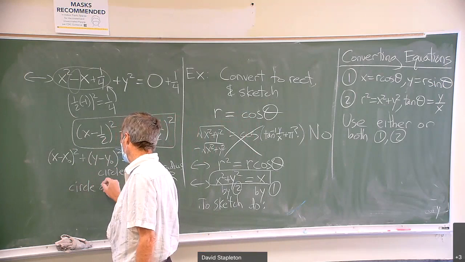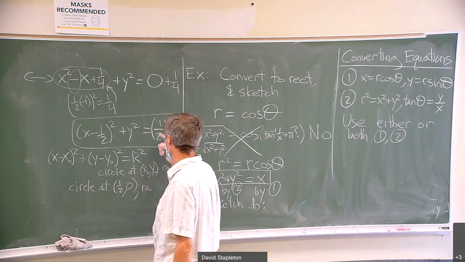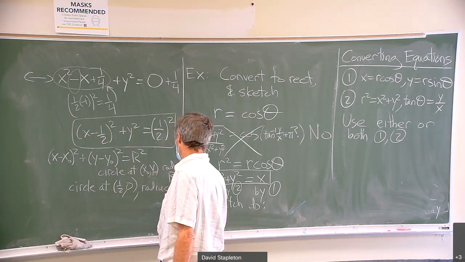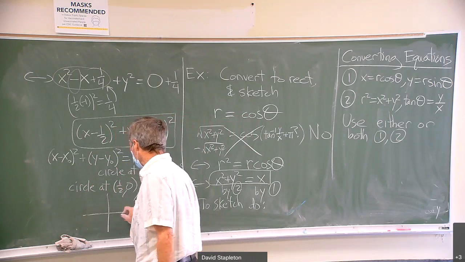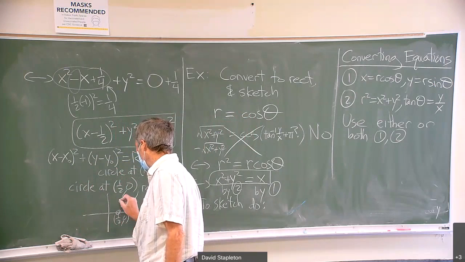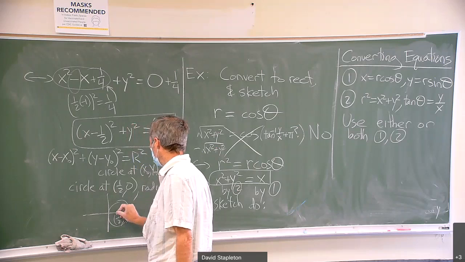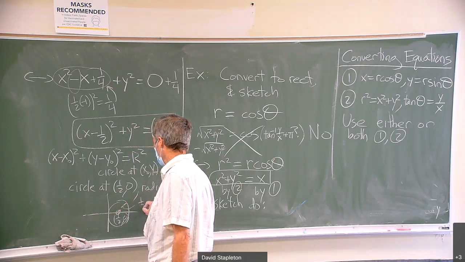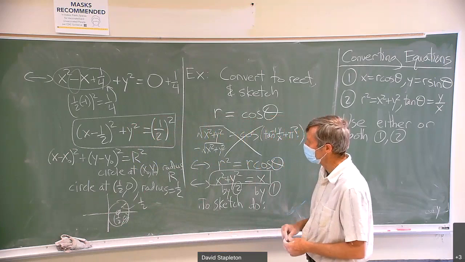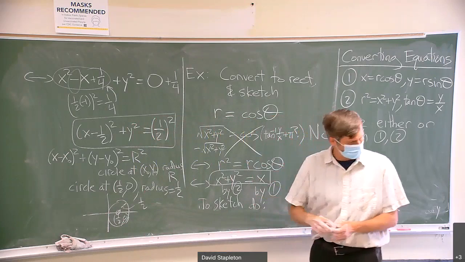Circle at 1/2, 0, radius this number, 1/2. Now I can sketch it because I've converted to rectangular coordinates. I plot this point in the center, 1/2, 0, and make the radius half so it just touches the origin, and there it is. This circle here is the graph of r equals cosine theta. How about that?